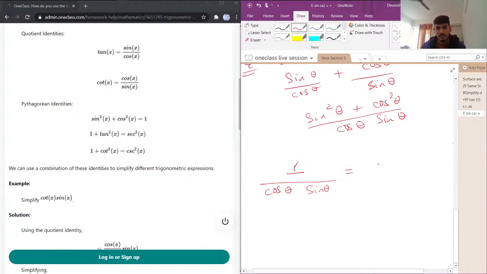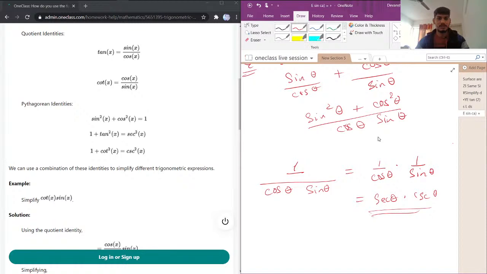I can also write this as 1 over cosine theta times 1 over sine theta, which can also become secant theta times cosecant theta.